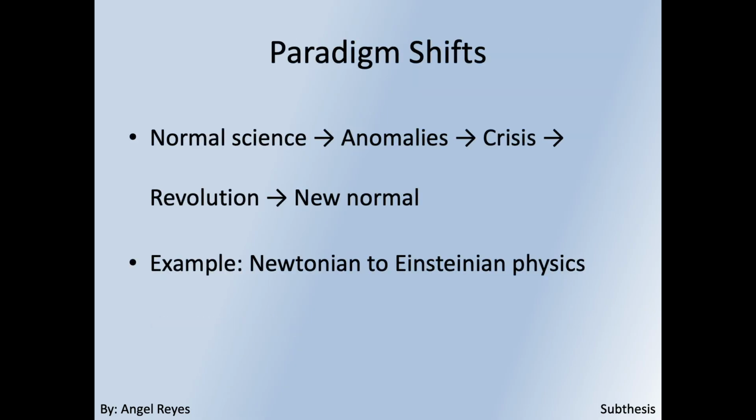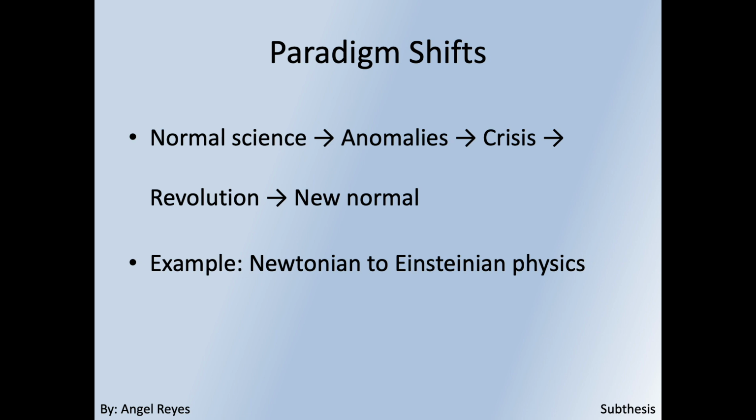Kuhn described how scientific fields evolve through paradigm shifts. First, there's a period of normal science where researchers work within an established paradigm. Eventually, anomalies accumulate, findings that can't be explained within the current framework.